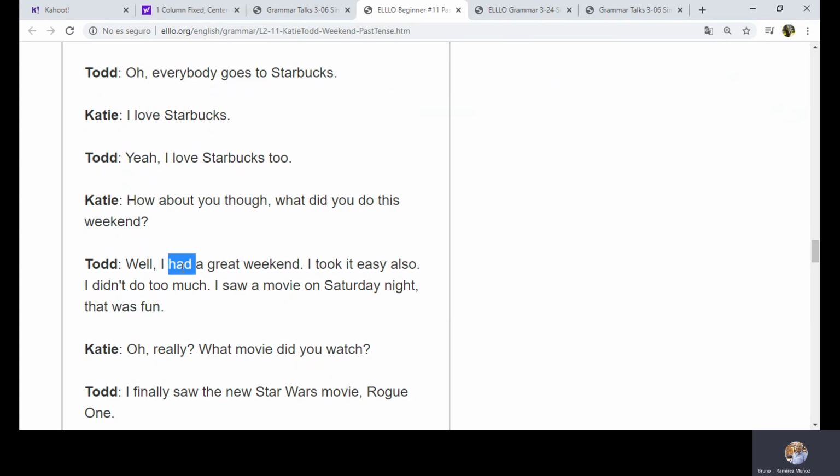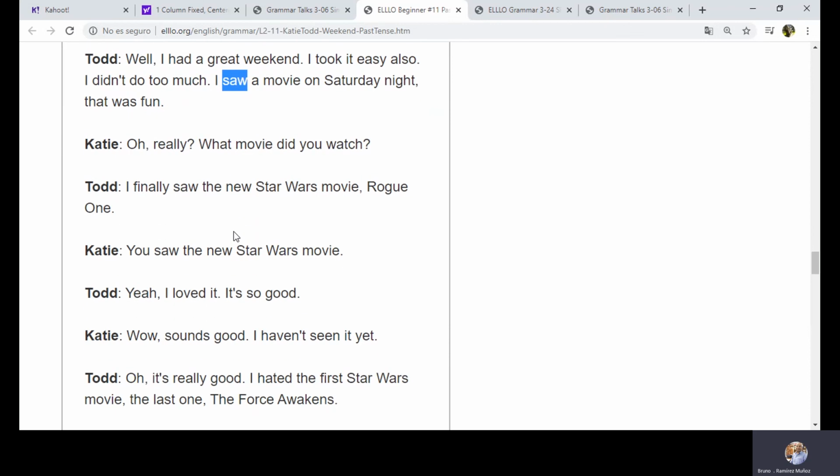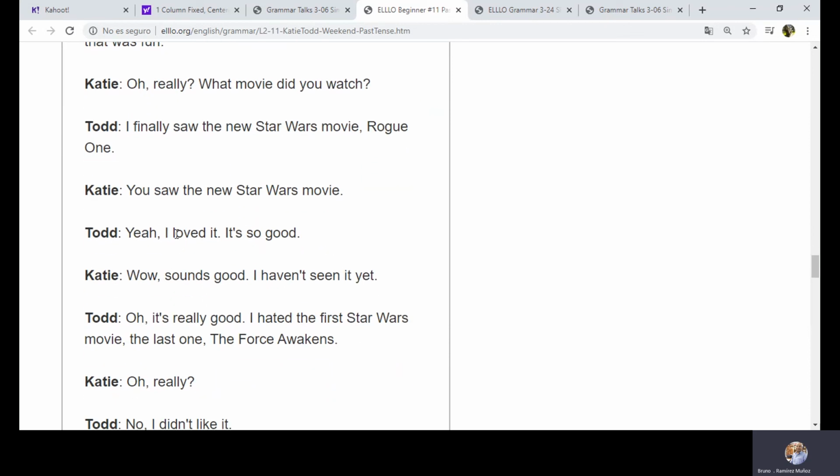Okay, we have irregular had here, irregular took, irregular saw, right? Again, saw. We have love, loved, loved it. So, for example, if we get rid of the "d" here, we get "I love it."